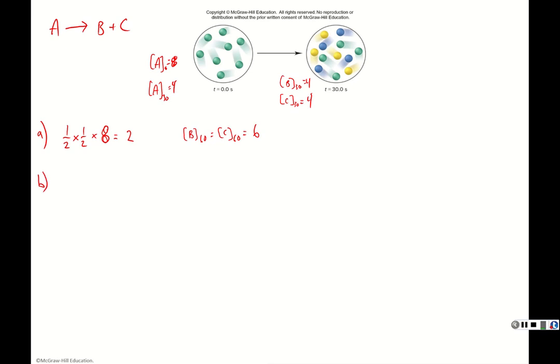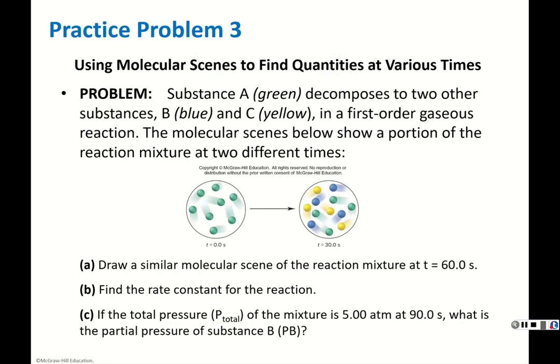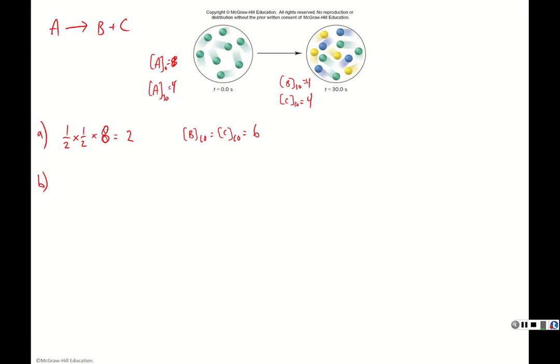Okay, so for question B, find the rate constant for the reaction. With the information we're given, this experiment basically showed us the half-life is 30 seconds. So we can use the equation for half-life that involves k.